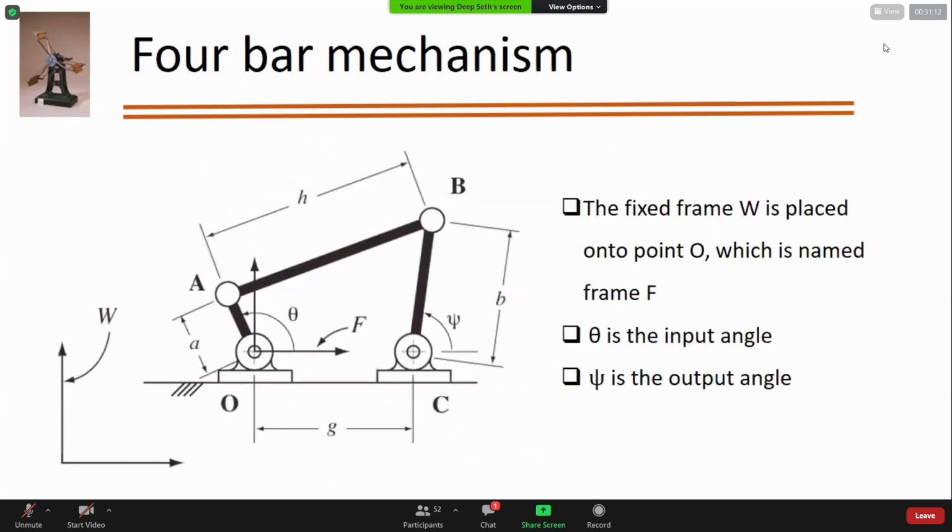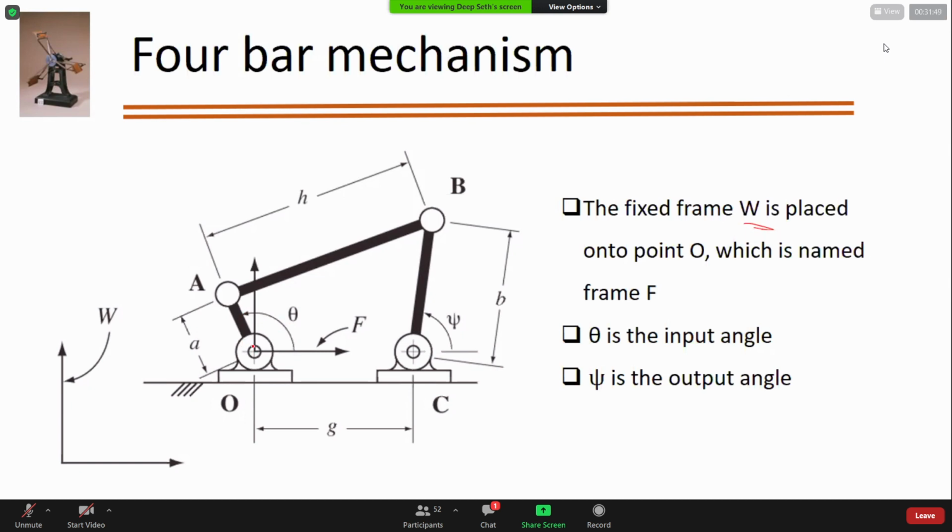Okay. So now let's see this 4-bar mechanism in terms of vector geometry or in terms of frames. Here you are seeing this 4-bar mechanism. This mechanism is O, A, B, C, and you have the fixed frame W. There's another frame placed on point O, which is named F. Theta is your input.